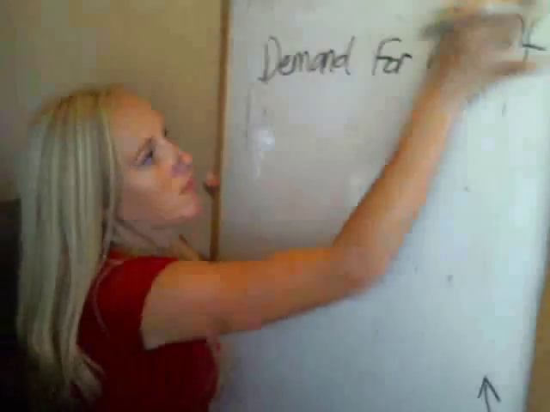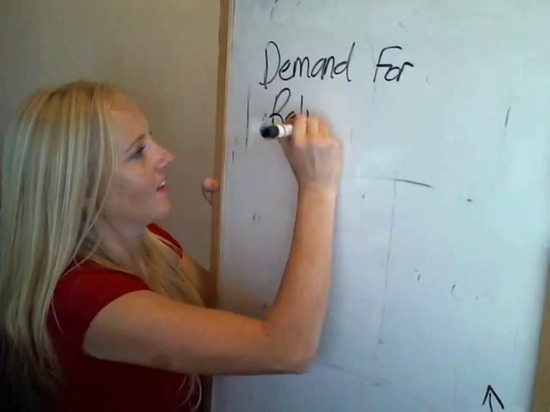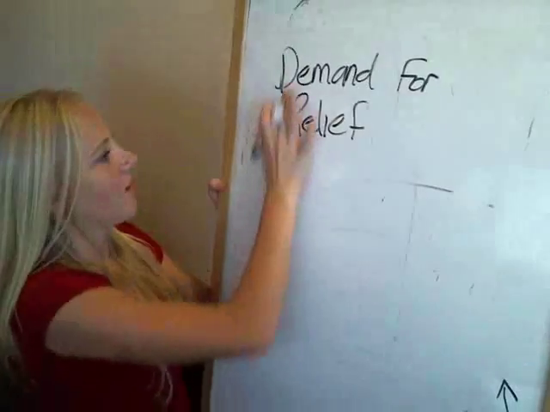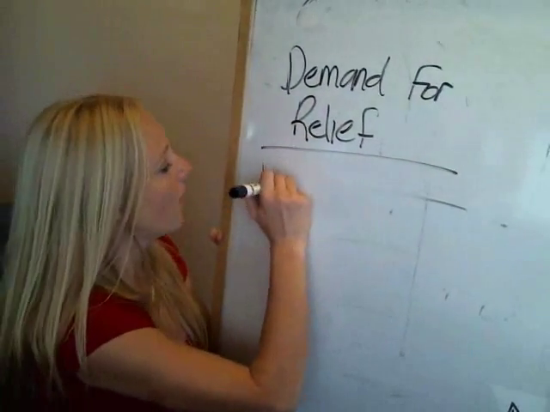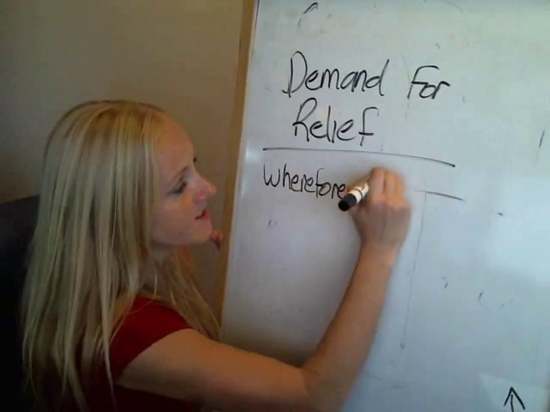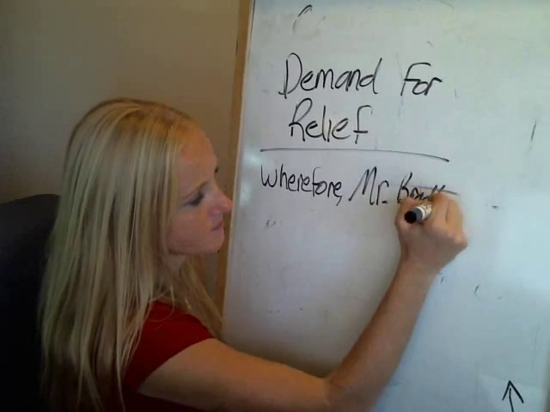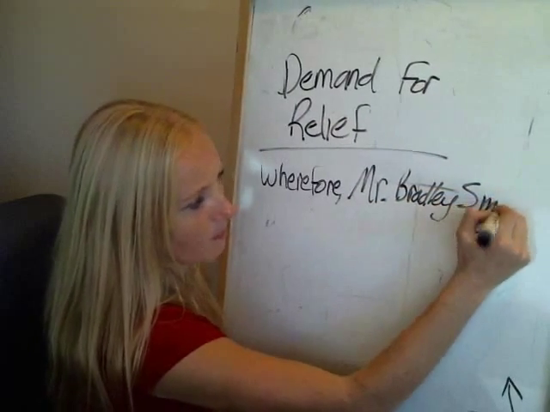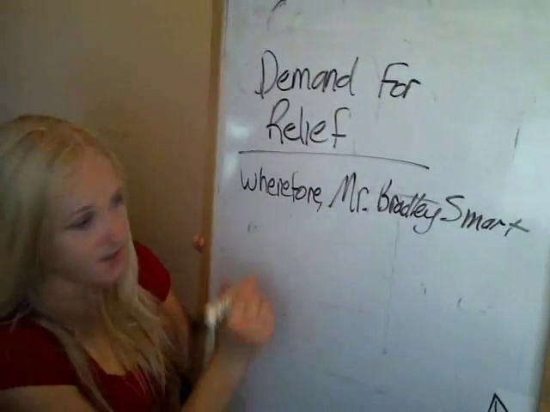I don't know if you can read my writing. You can see why it's probably good that we have the typing function. So your demand for relief is going to be, wherefore Mr. Bradley Smart, and then you're demanding what he wants.